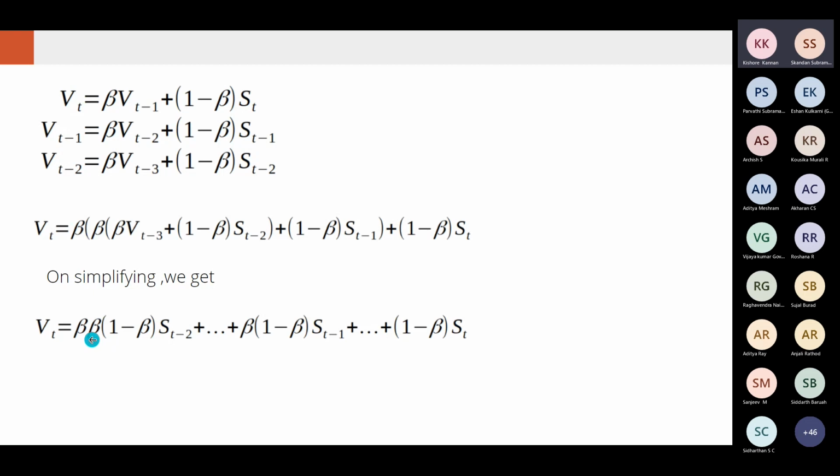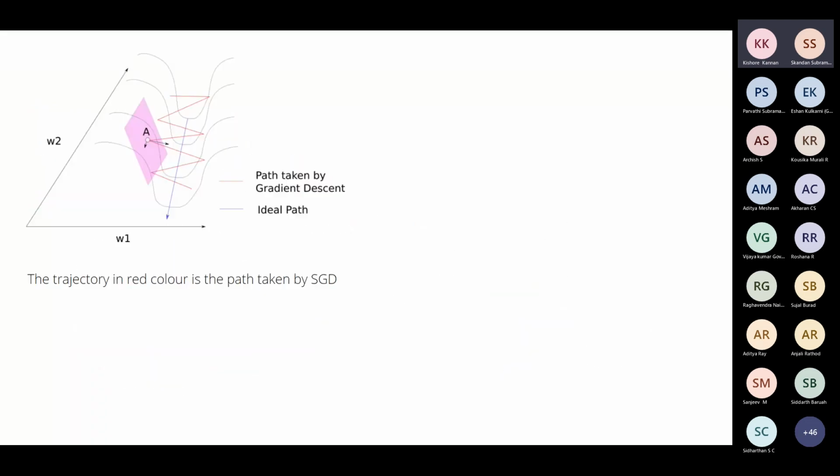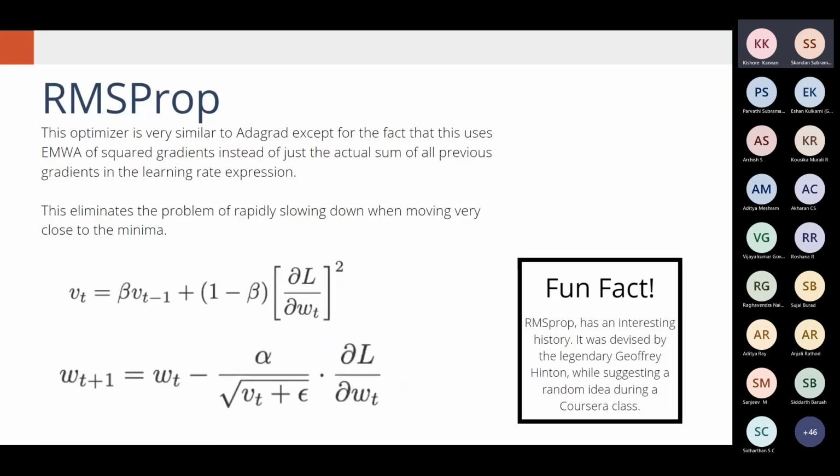beta lies between 0 and 1, so beta square will obviously be less than 1, and 1 minus beta will also be less than 1, and we are multiplying all these values with a number less than 1, so this expression will be less than st plus st minus 1 plus st minus 2. So in this case, this expression will be less than the actual sum of the squared gradients.